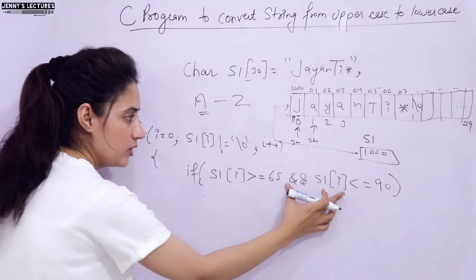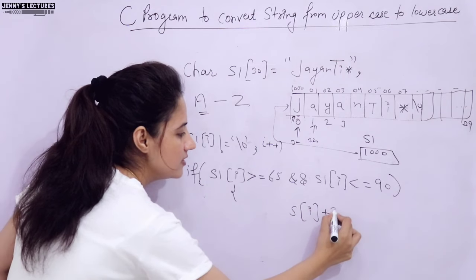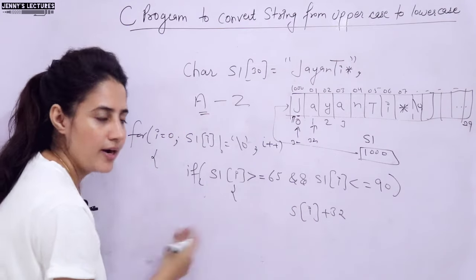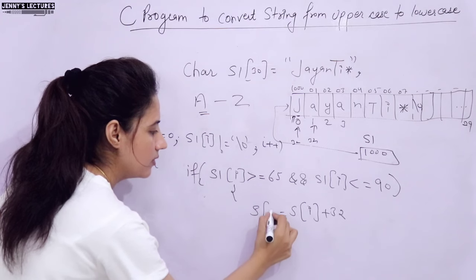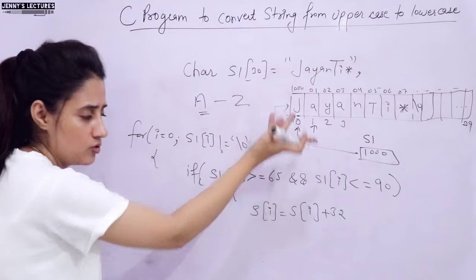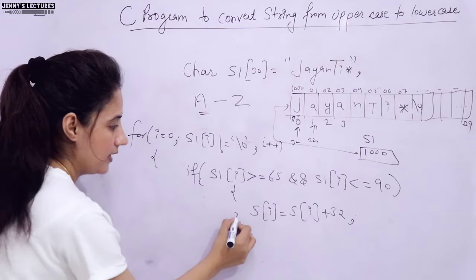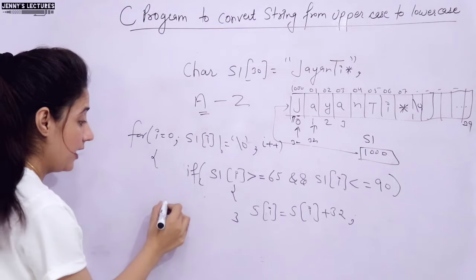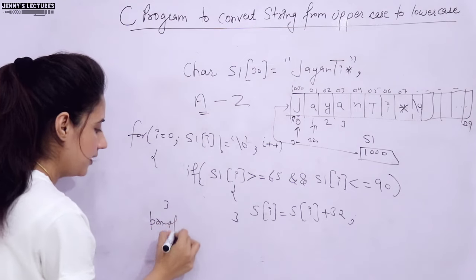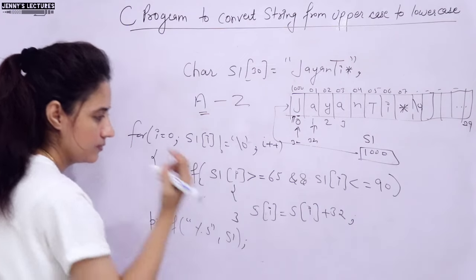If the character is between this and this, then only we will add S of i plus 32, and after adding, store it at S of i only, because we are going to modify this only, right? And that's it. After this for loop, you can simply print percentage s and S1.